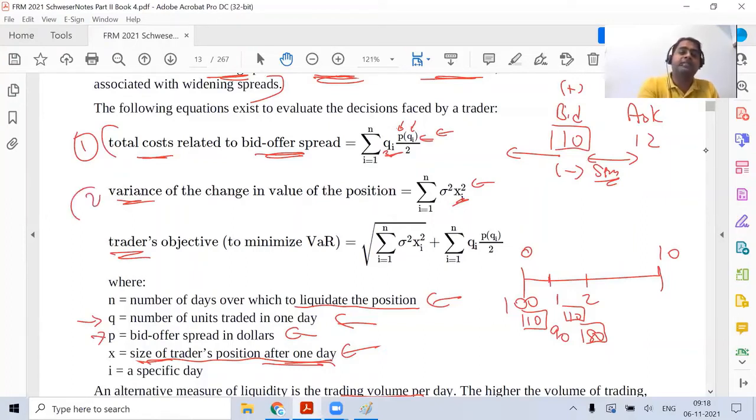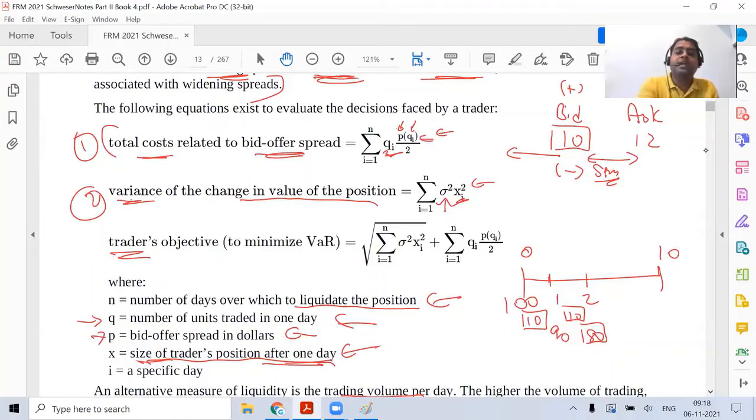The second is the variance. This variance is basically the variance of the change in position. Why? Because when I want to sell the asset I have available with me, the riskiness of that particular asset, when I multiply it, tells me that on average this might be the deviation in the price of the asset over a period of time.